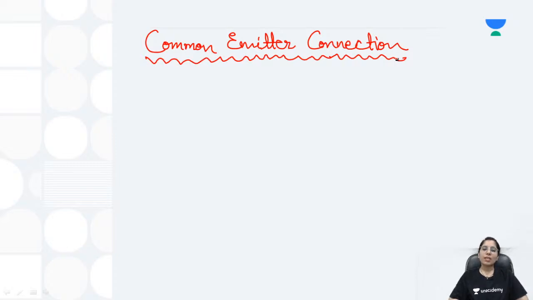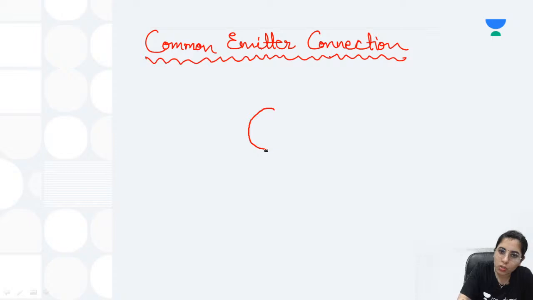And if everything is clear, that's great. We will make the circuit diagram for it first of all, and after that we will proceed further. I will take the NPN transistor to make the connections. Same way, by making the forward and reverse biased connections, you can make the PNP circuits too if you want to anytime.